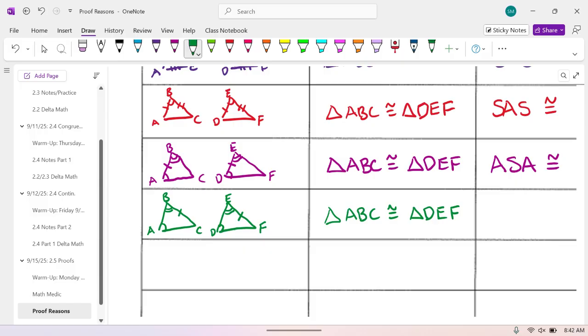Why? These two are congruent, but why? The postulate. Angle, angle, side. So I have two angles that are congruent, and then the side that's not in between those two angles.